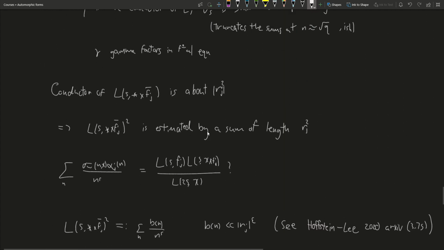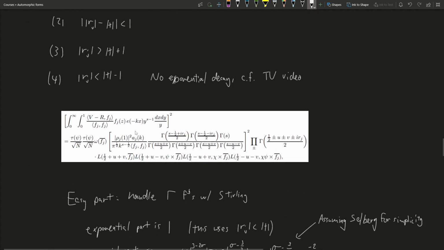So when I say the discrete spectrum contribution, what I mean is this quantity, square root, right?